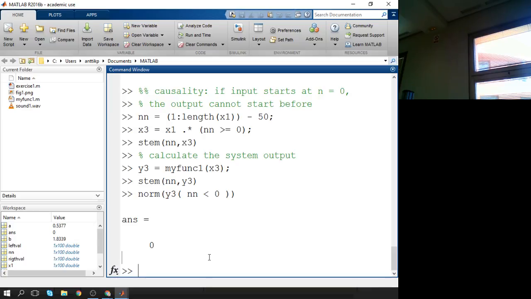So basically, if we have an x in input, or if we have a delayed input to system F, and that what would be.